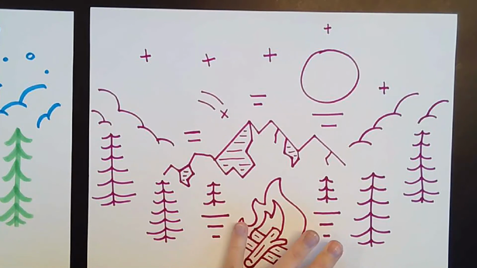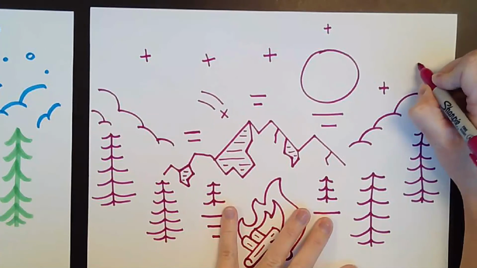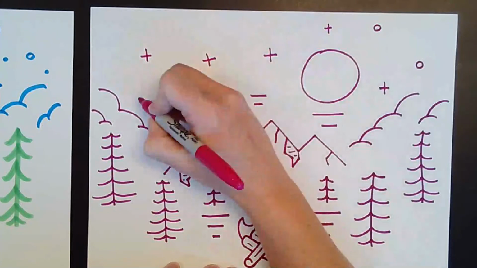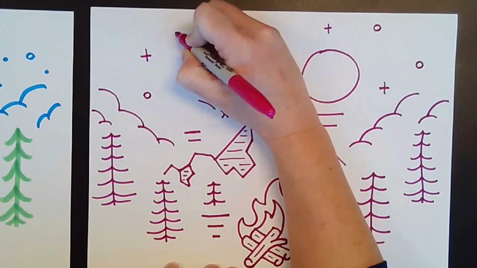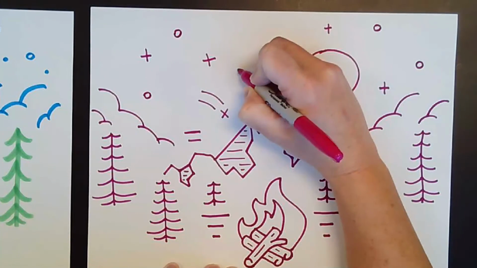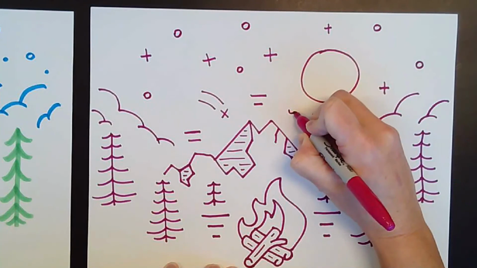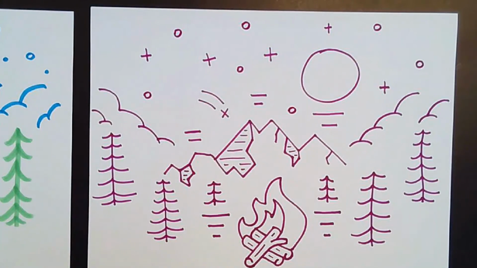Now what we're going to do is we're going to add some little circles. So just add some little circles throughout your picture, just in some of these empty spaces. Just fill in. Add some little circles, doesn't matter where you put them.